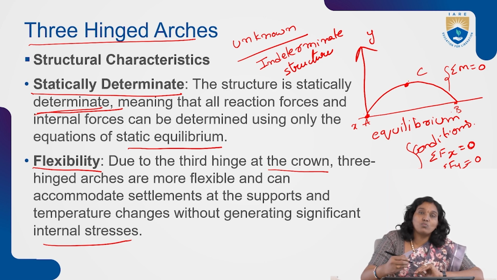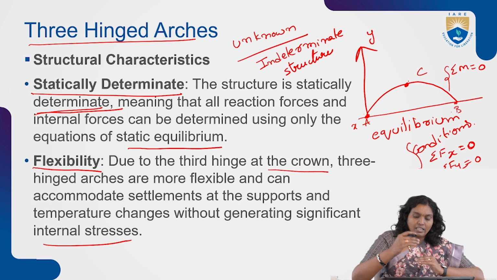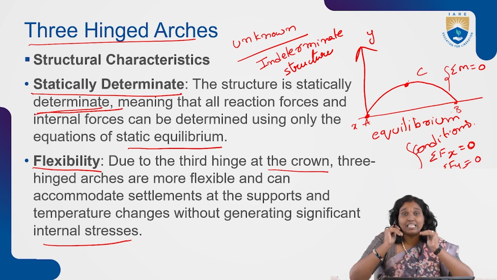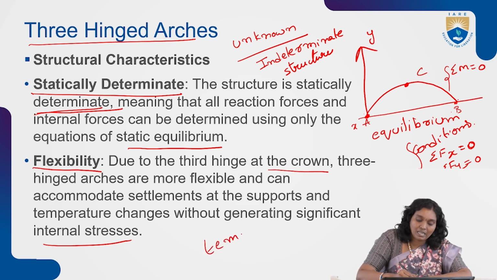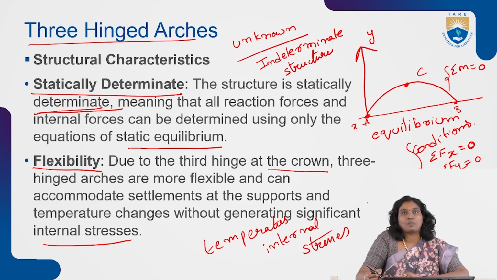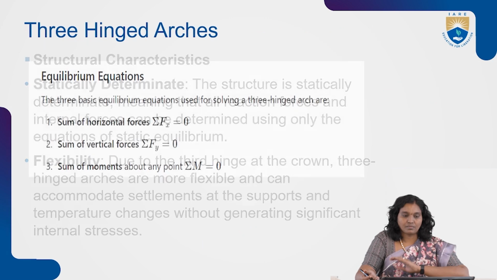So it is more flexible because it is going to accommodate the settlements at the supports. Otherwise, whenever settlements at the supports and temperature changes happen, they increase the internal stresses. Such type of characteristics are involved in these three-hinged arches.